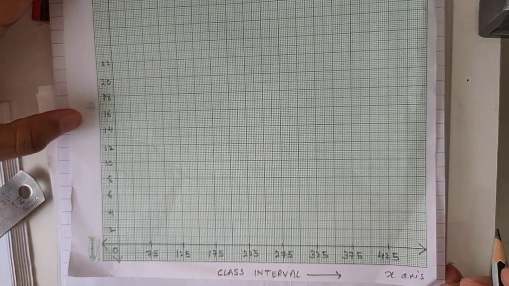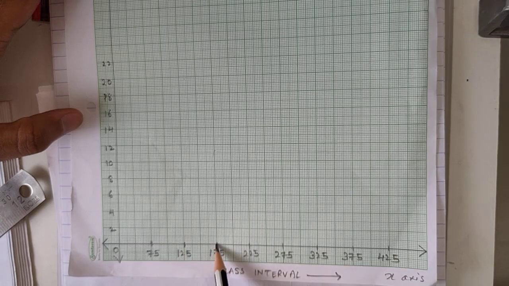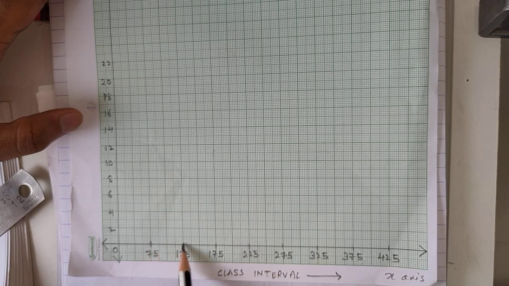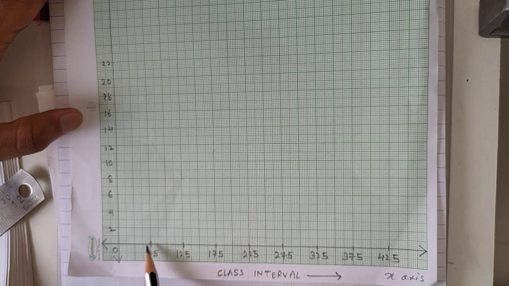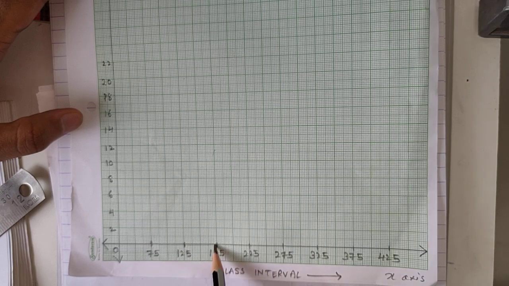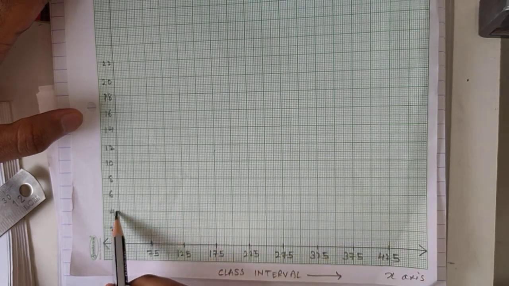Now I'll start marking. My first frequency range is 125 to 175. See, this is the extra one. Don't start marking from here. This first one which you have drawn is the extra class interval. The actual class interval values will start from here. So 125 to 175 is 4. That means this is 4 here.